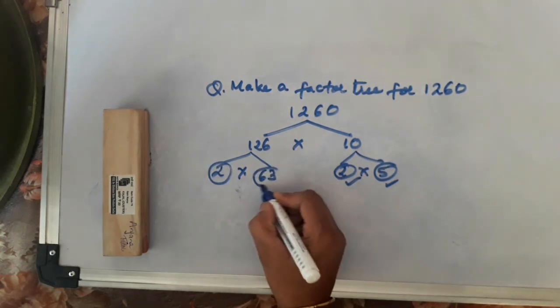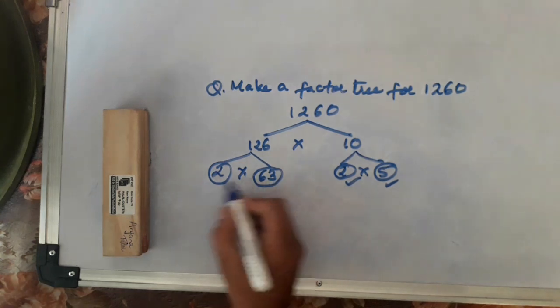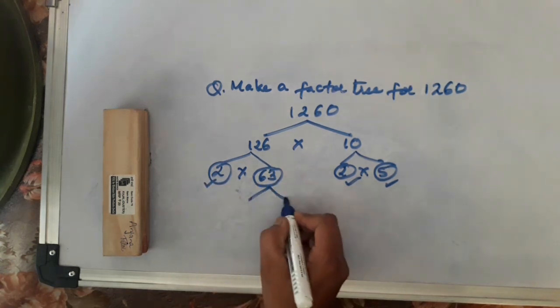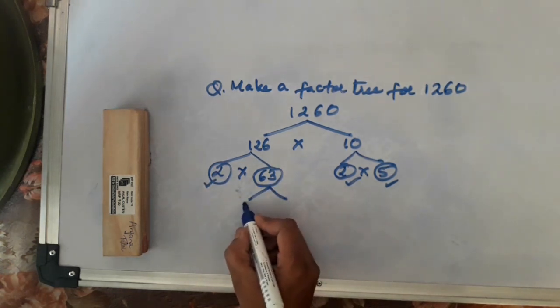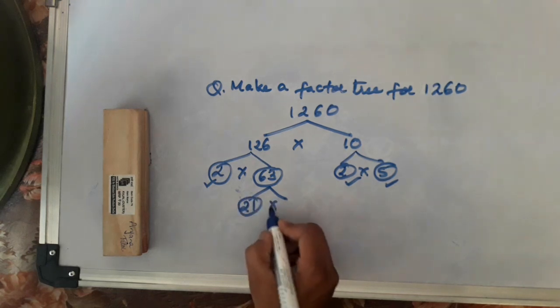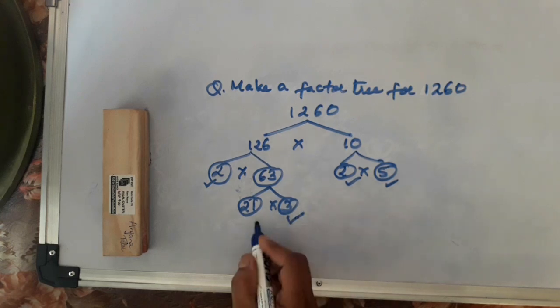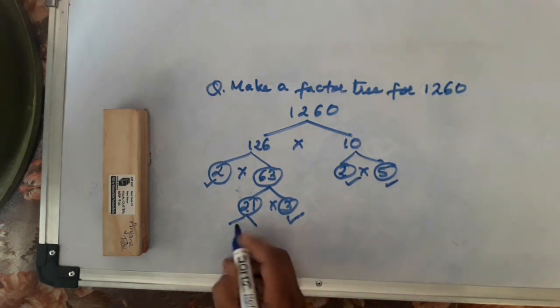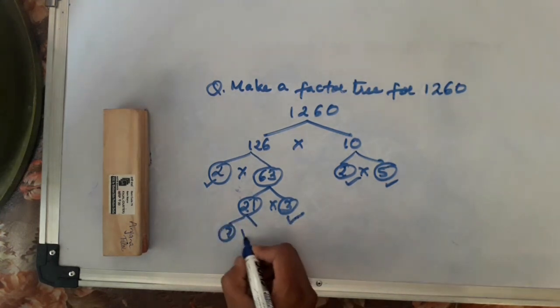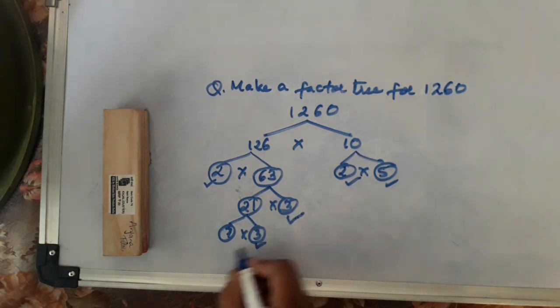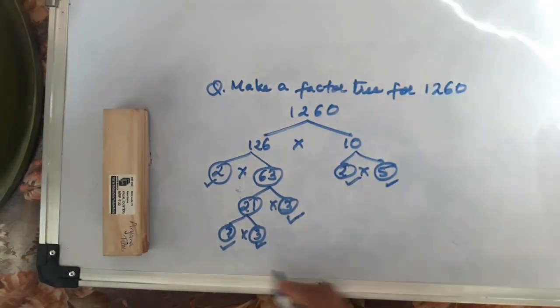Now 63 we can write as 21 threes are 63. 3 is a prime number, we'll stop here. And for 21, we can write it as 7 threes are 21, and both are prime numbers. So we stop here.